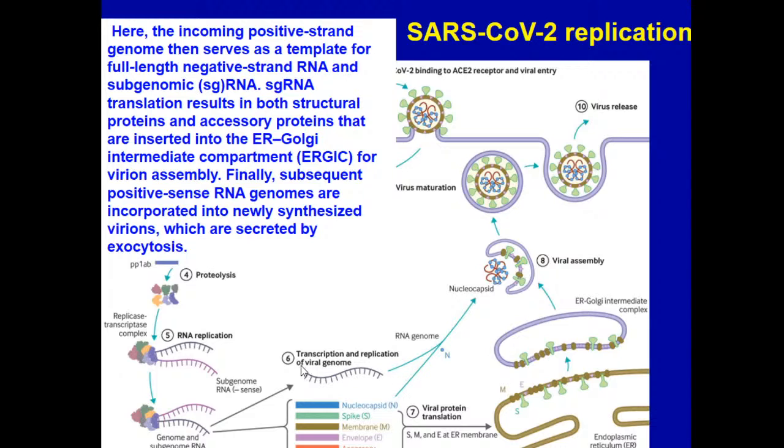And finally, subsequent transcribed positive sense genomic RNA will be taken to the nucleocapsids and incorporated into the nucleocapsid, so the viral assembly occurs. And then viral maturation and release by receptor-mediated exocytosis will be released, or maybe by cell lysis in some cases. Those are the most general stages of the viral replication.